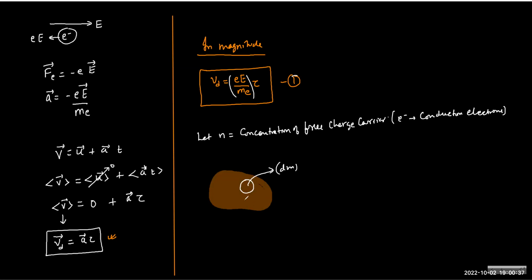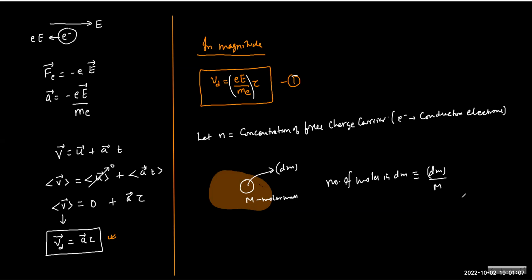For every metal, we know the molar mass A. So what is the number of moles in a dm mass? It equals dm upon A.